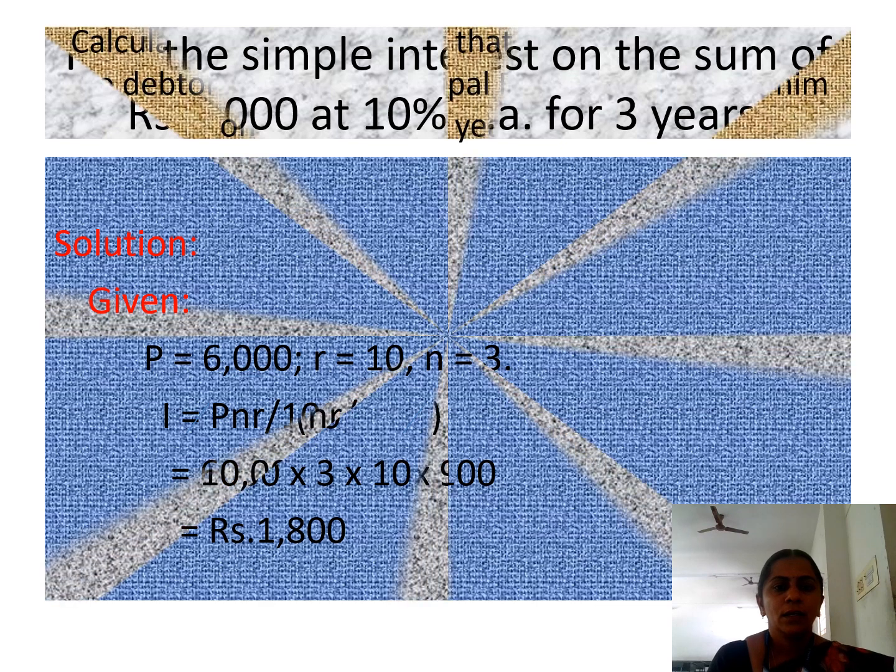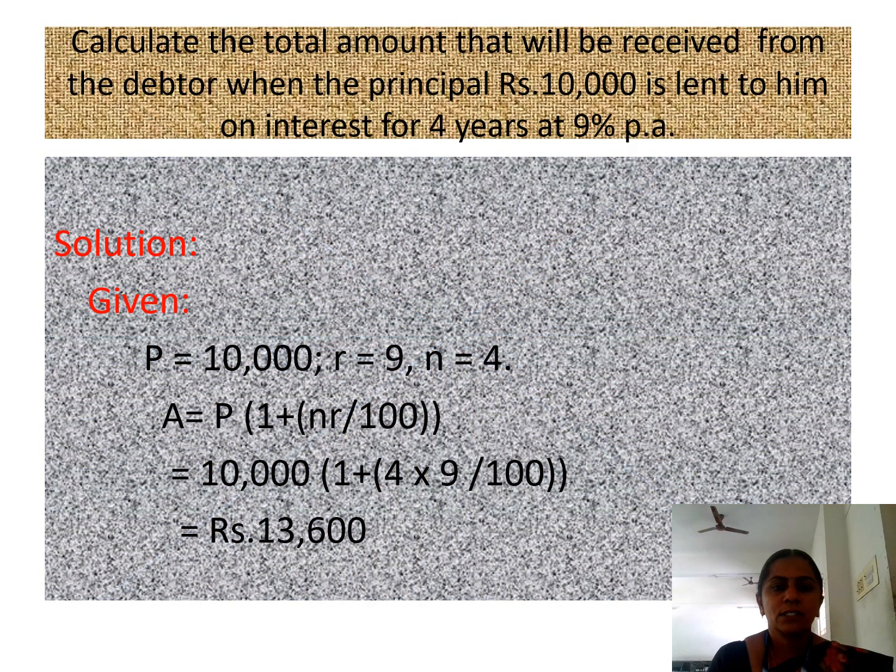Next we see one more problem. Calculate the amount that will be received from the debtor when the principal rupees 10,000 is lent to him on interest for 4 years at 9% per annum. Here we have to calculate the amount. Given data is principal is equal to 10,000, R is equal to 9% and N is equal to 4.